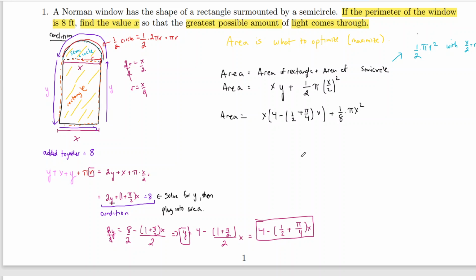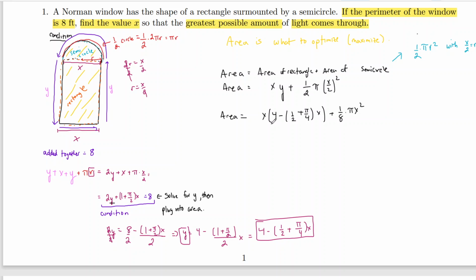Now keep in mind what you want to do here is you want to do the derivative, set it equal to 0, and solve it. Get the critical numbers, and then hopefully if you have more than one critical number, you can figure out which one corresponds to the maximum area.